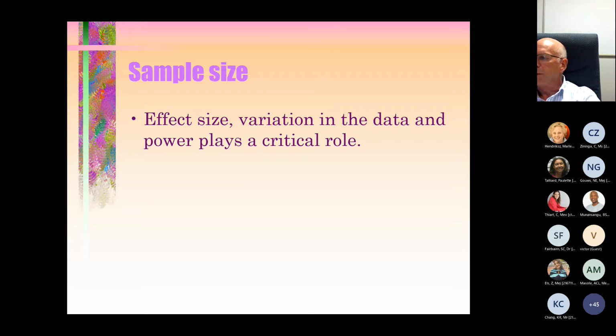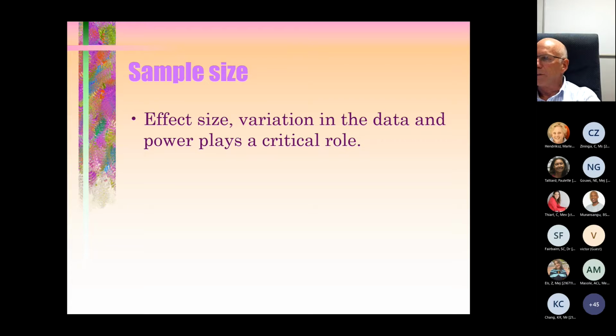So essentially, the role that effect size plays in sample sizes is that the larger the effect size, meaning the bigger the difference between the groups, the less data you need, and the smaller the sample size you need to show that the differences are statistically significant.